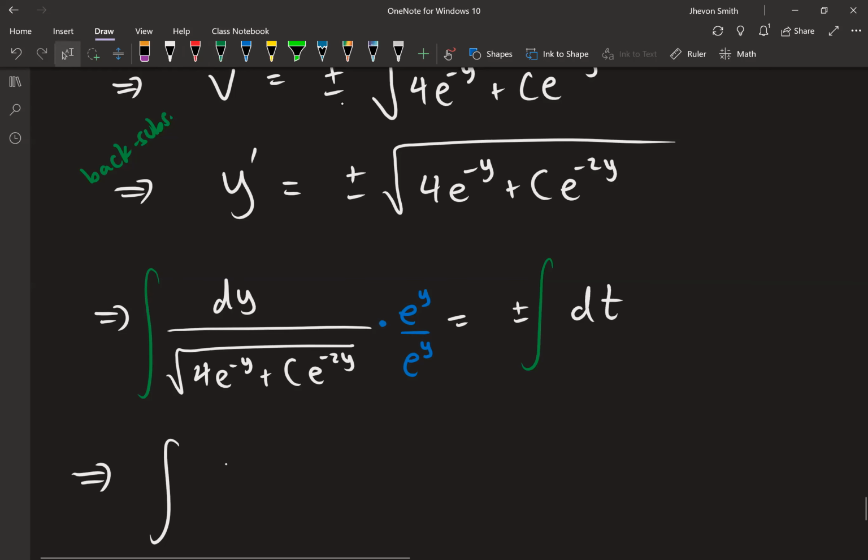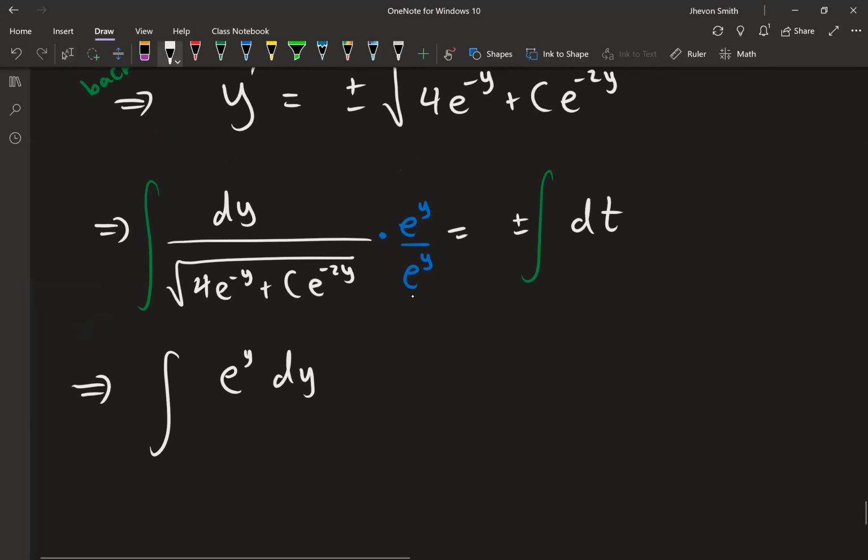This brings me into this situation, e to the y dy. Now, e to the y, I'm going to think of as the square root of e to the 2y and bring it inside the radical. So this leaves me with 4e to the y plus c under the radical.